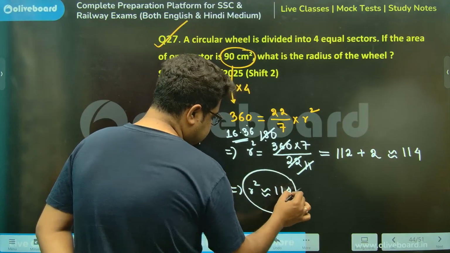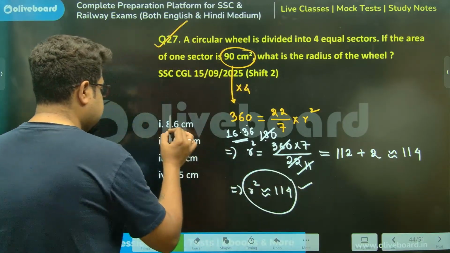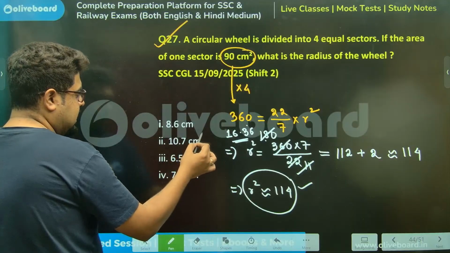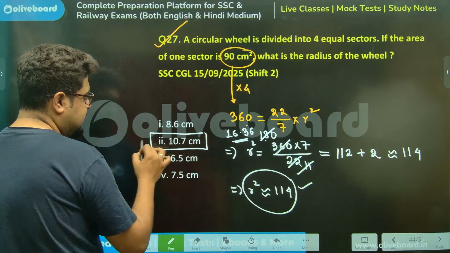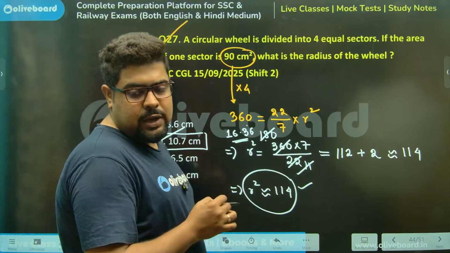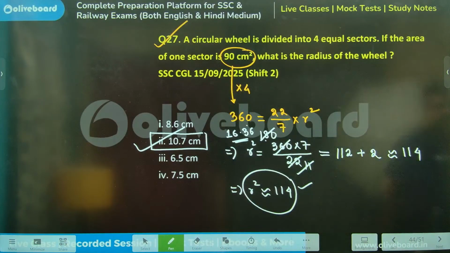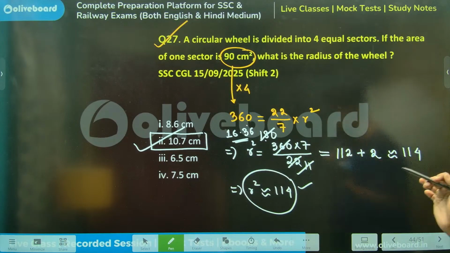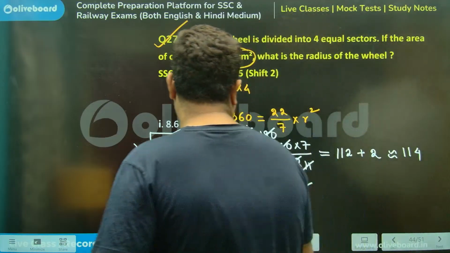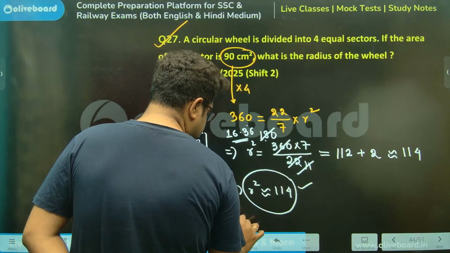Look at the options which will match. Only option that can match is 10.7. You are clear on this? You see, only option that can even match is 10.7.